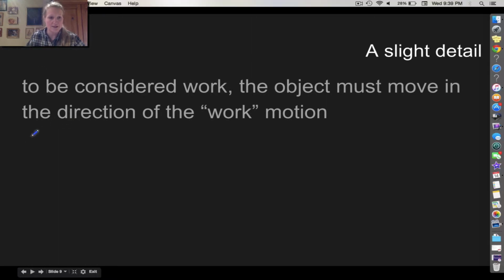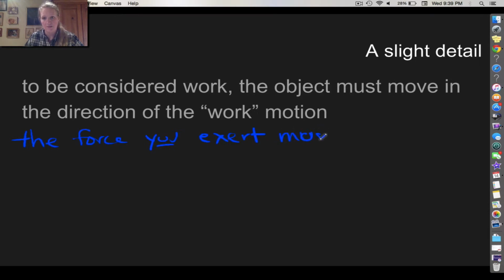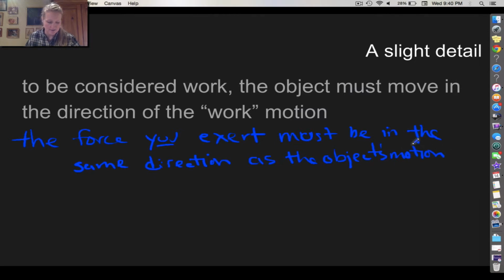Okay, another way to say this is that the force you exert, or the machine exerts, you could say machine here if you aren't feeling like doing any work these days, must be in the same direction as the object's motion for it to also be considered work.